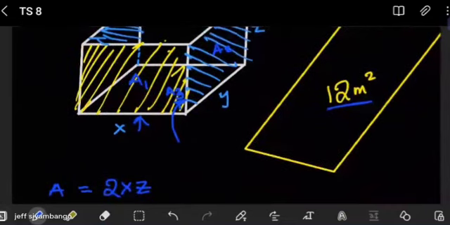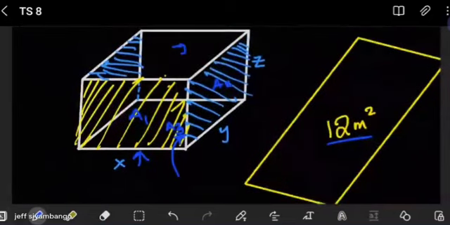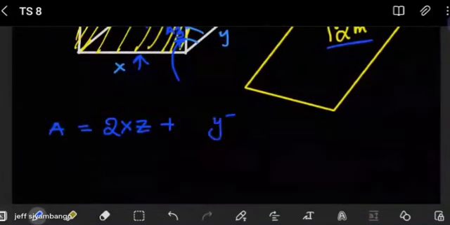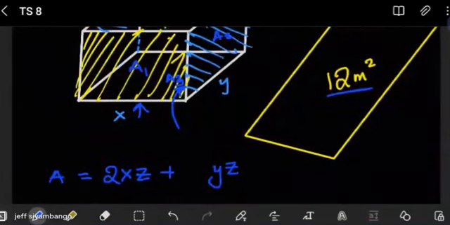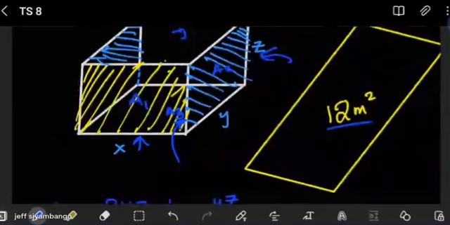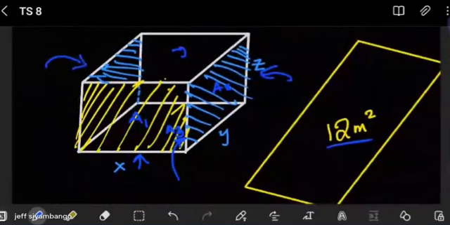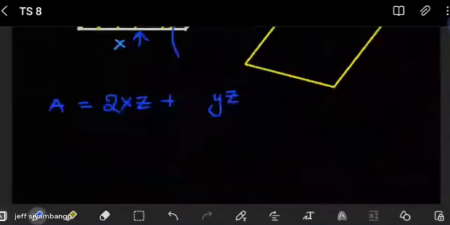Then plus, now I come to the one being made by y and z. So the area there is going to be yz. Again, this surface here is being made twice, this side and this side here. So I will put a 2 here. I have 2yz.